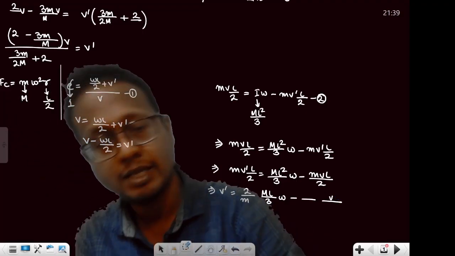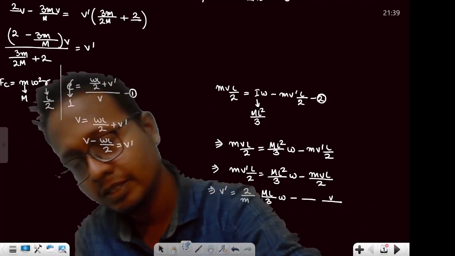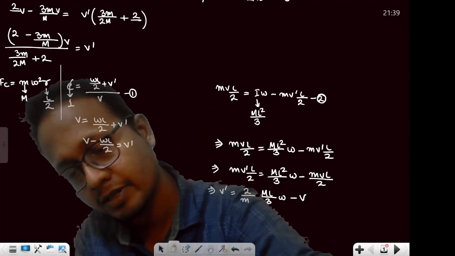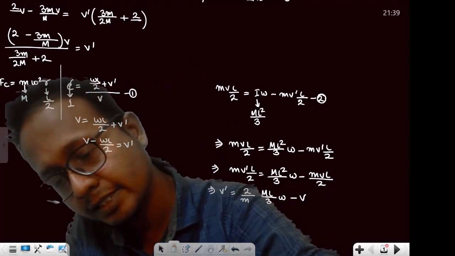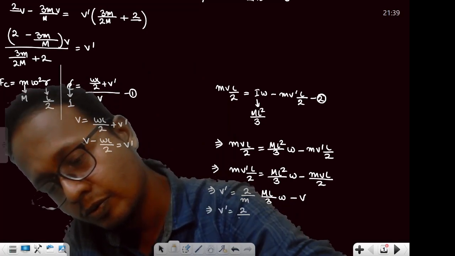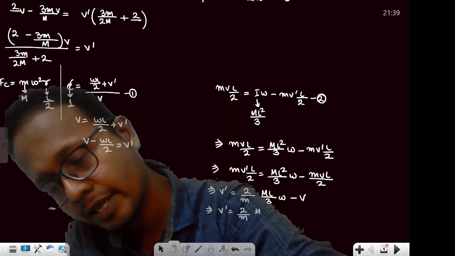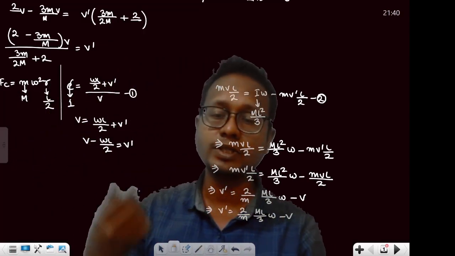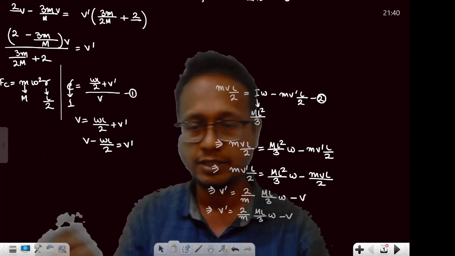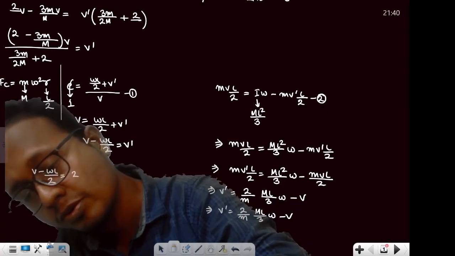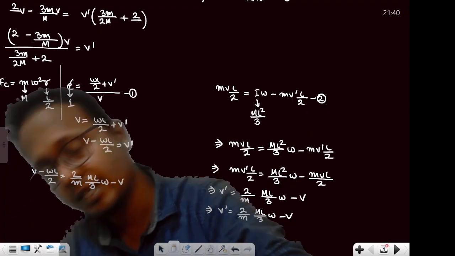What we're left with is V. So if I write this equation neat and clean, v dash is nothing but 2 by mL by 3 omega minus V. Now I need to equate this v dash and this v dash. So V minus omega L by 2 is equal to 2 by mL by 3 omega minus V.